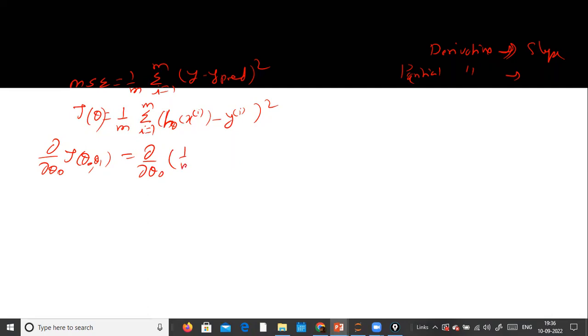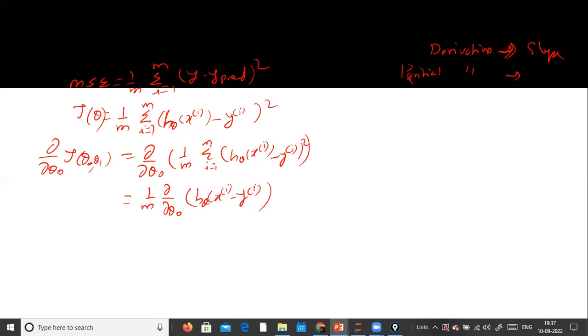Into 1 divided by m, sum of i equal to 1 to m, of h theta of x i minus y i. Here I just take 1 by m outside, into dou by dou theta naught, into what we are left with, h theta of x i minus y i. Why do we take this 1 by m outside?